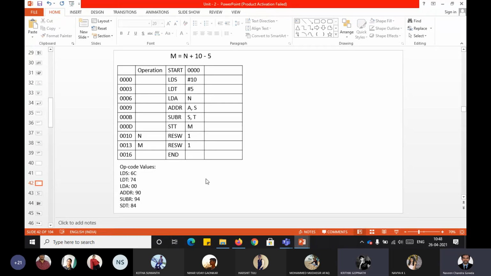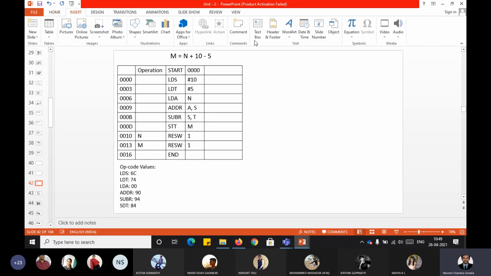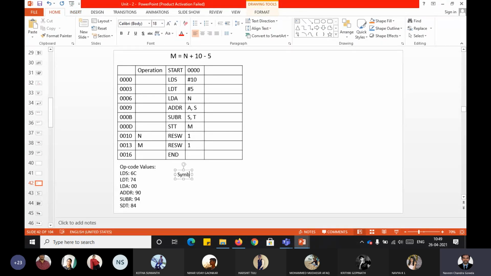So this is how we are done with pass 1 of your assembler, where we assigned the addresses for each instruction. Based on this you can also generate the symbol table, which has the respective symbols with their addresses.